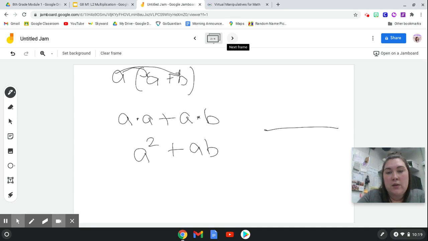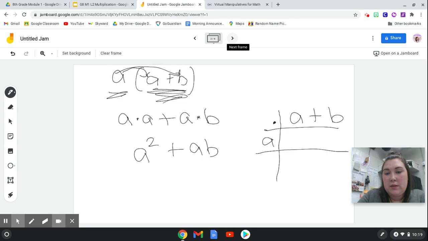I could make a little frame, and I have some multiplication, so I put a dot in there. So my first term is a. That's this one. My second term, I'd put on the top a plus b. And I'm going to break this apart. A times a would be a squared.